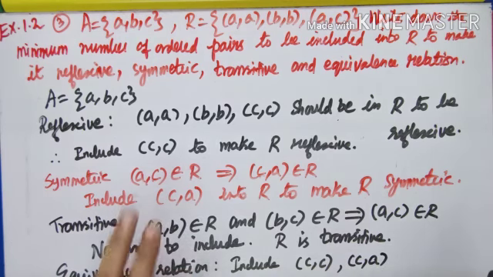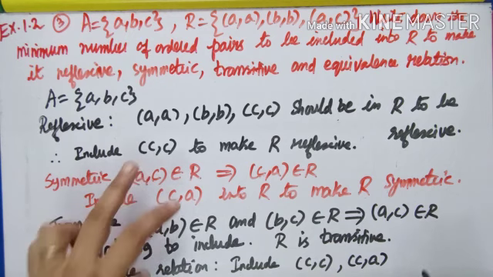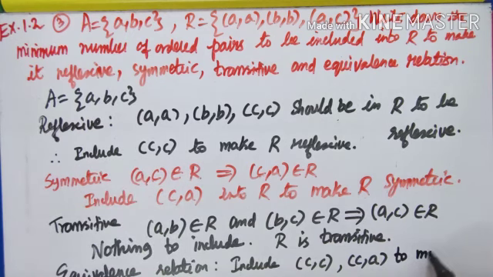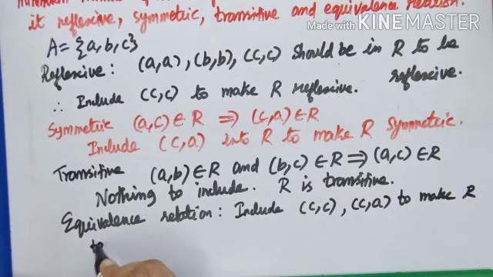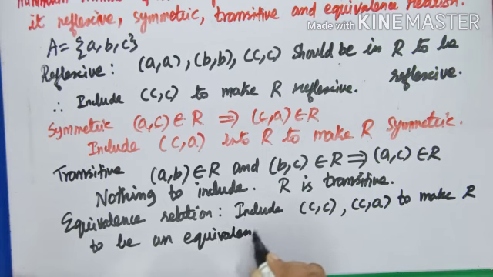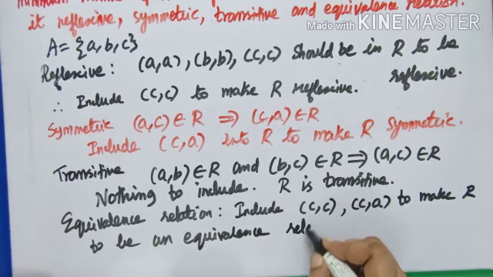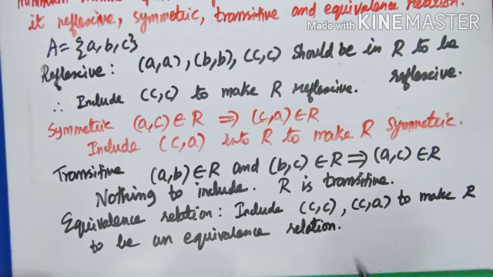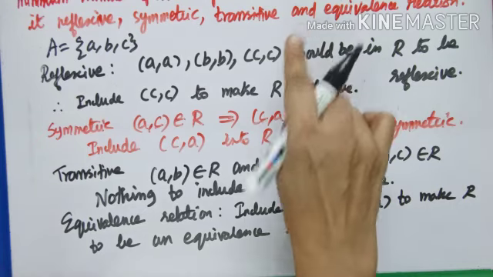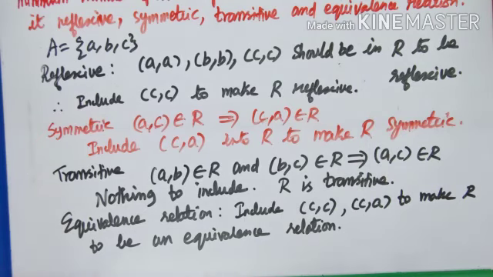So I have to include (c, c) and (c, a) to make R an equivalence relation. That is the question. We need to check what all I must include: the minimum number of pairs, not maximum. So R is an equivalence relation if I include (c, c) and (c, a) with the given set. That is the problem.